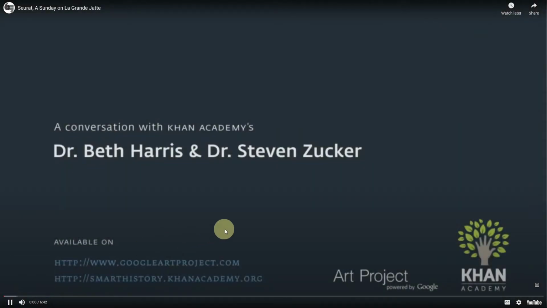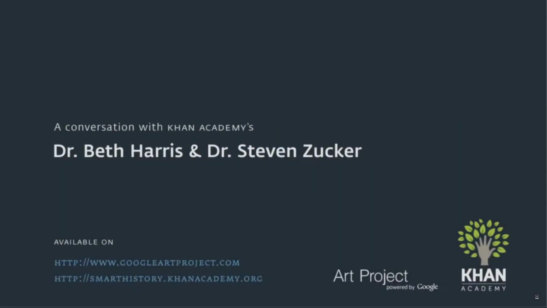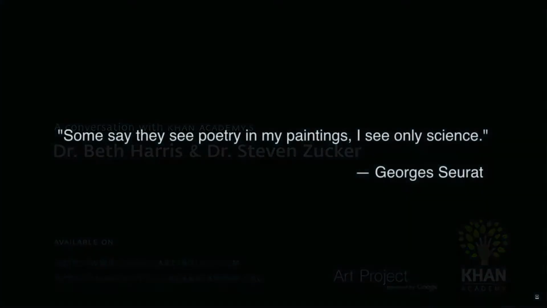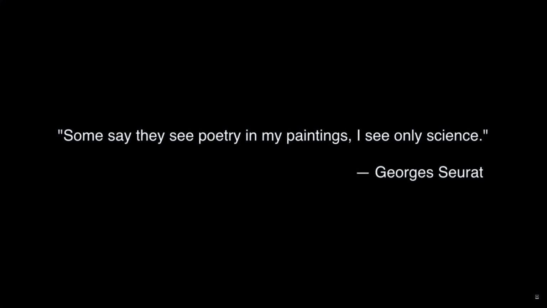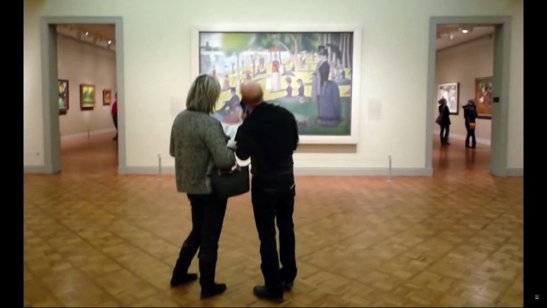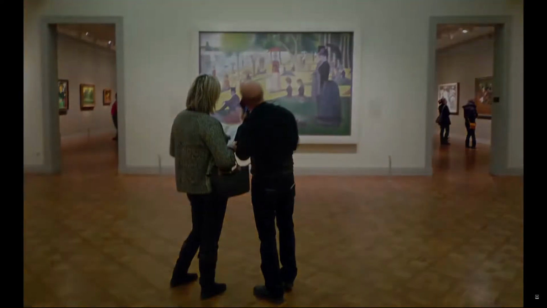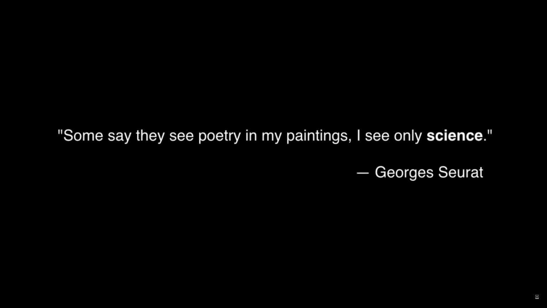Some say they see poetry in my paintings. I see only science. We're in the Art Institute of Chicago, and we're looking at Sunday Afternoon on the Isle of the Grand Jatte by Georges Seurat. That was a quote by Seurat, whose ambition was to bring science to the methods of Impressionism.